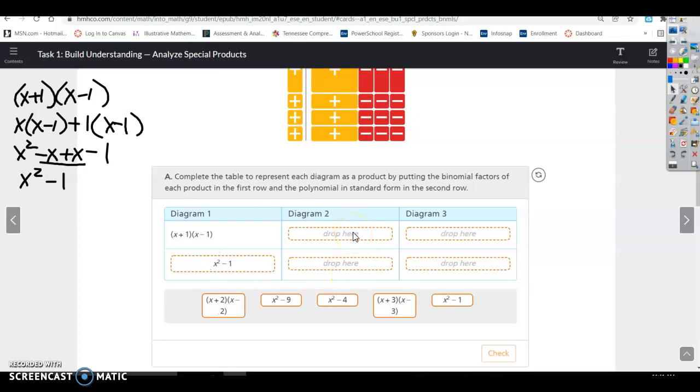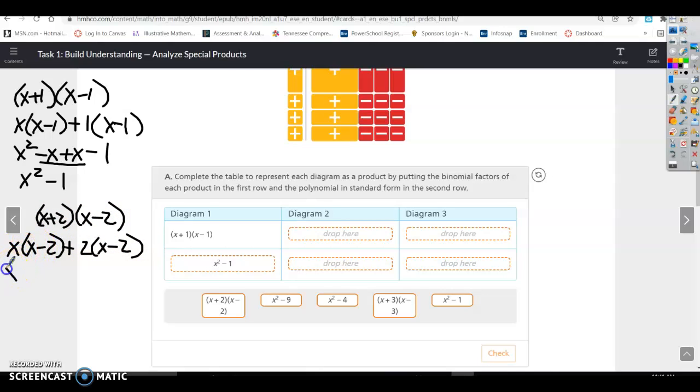Diagram 2 is the one where we had x plus 2 and x minus 2. So we're going to have x times x minus 2, plus 2 times x minus 2.